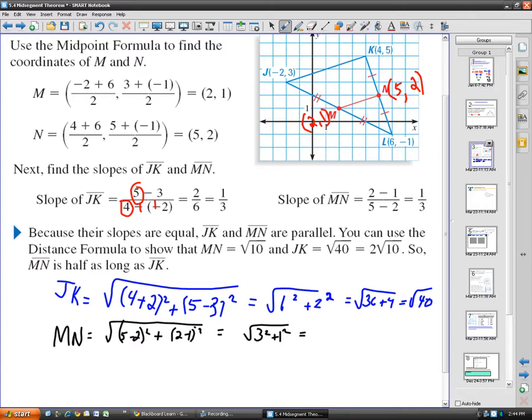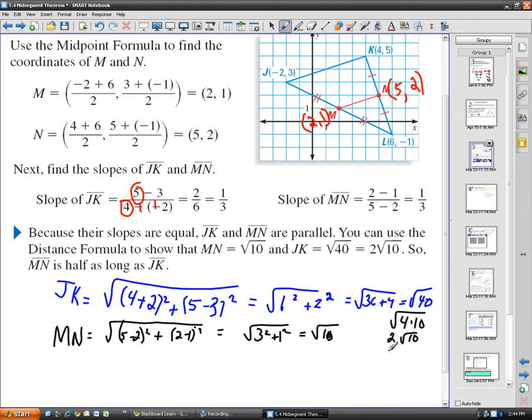And so that is half the size of the square root of 40, because remember, when we simplify under a radical, it's 4 times 10, and the square root of 4 is 2, and you end up with 2 root 10, which is double the size of root 10.